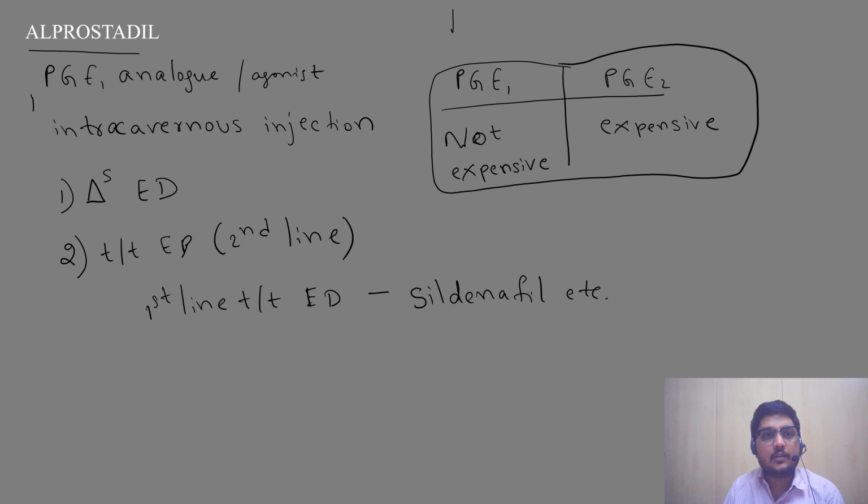What does this drug, alprostadil, do? It inhibits platelet aggregation.